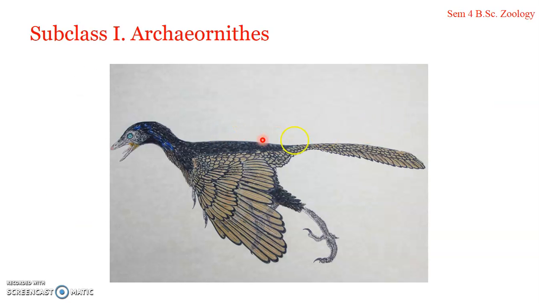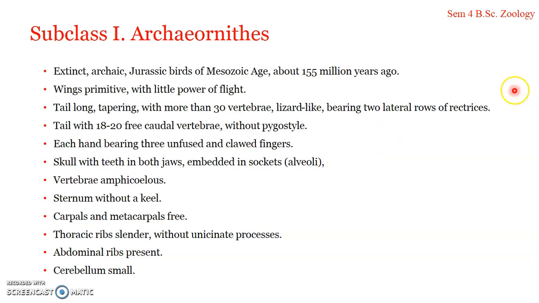You can see this is a pictorial representation of a species from Archaeornithes, and here you can see it has a very long tail. The tail extends till here, and it is attached to two lateral rows of rectrices. Rectrices means the tail feathers.